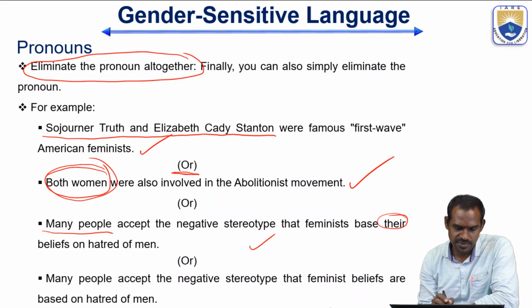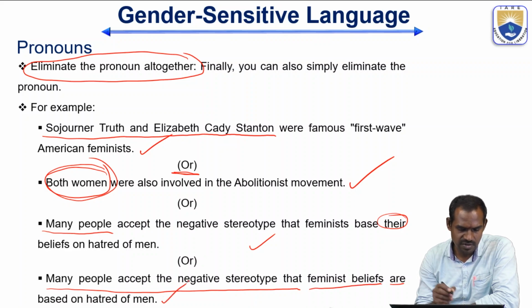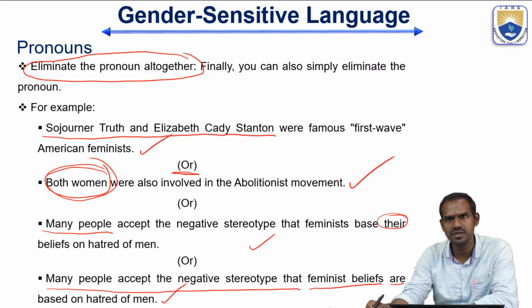Many people accept the negative stereotype that feminist beliefs are based on hatred of men. Here no pronoun is used. Simply "feminist beliefs are based on hatred of men." It is eliminated to avoid the confusion.